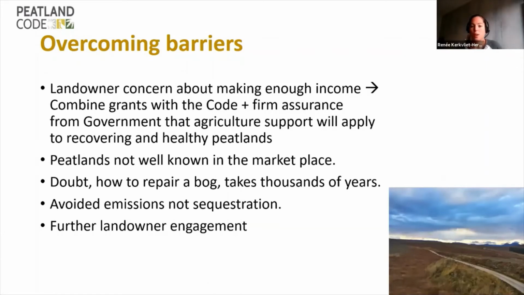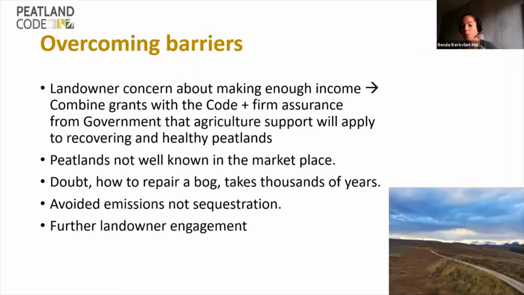So with the code, we are experiencing some barriers. Even though we are definitely getting more and more projects, if we're looking at the scale of the problem, we need to scale up, and we need to scale up quickly the number of projects that we have. There's a few barriers that we have identified which are still there and that we're trying to tackle.